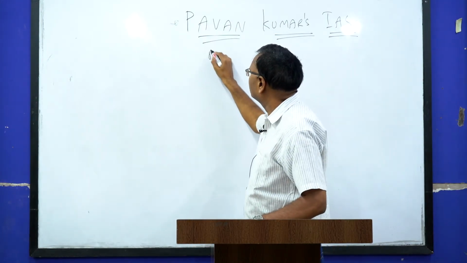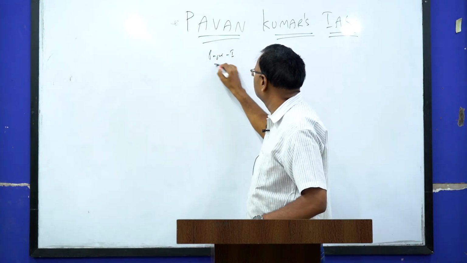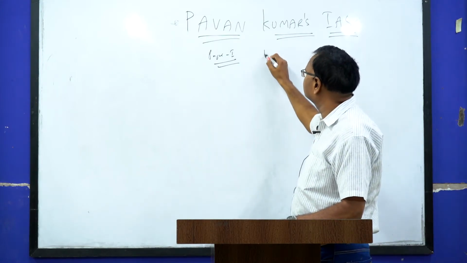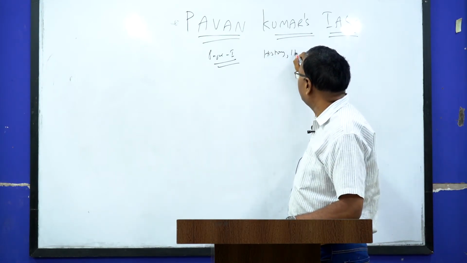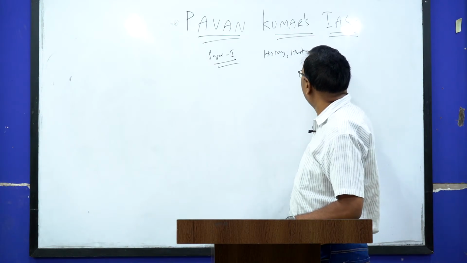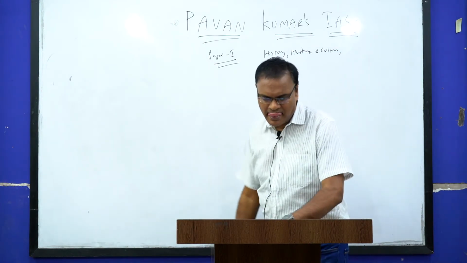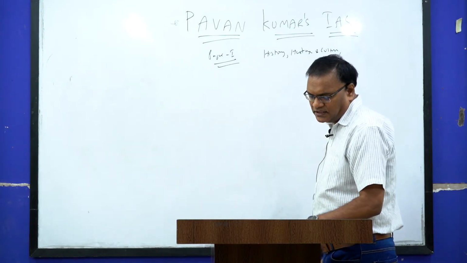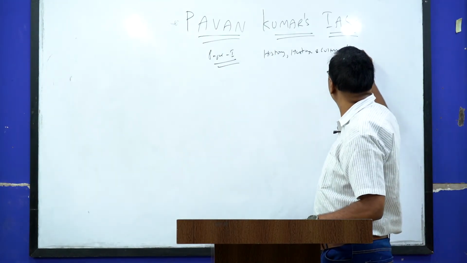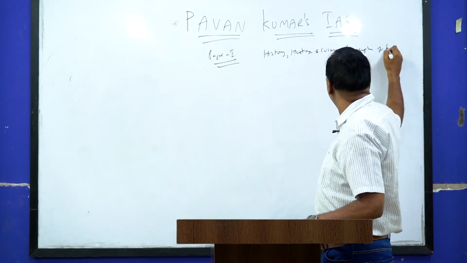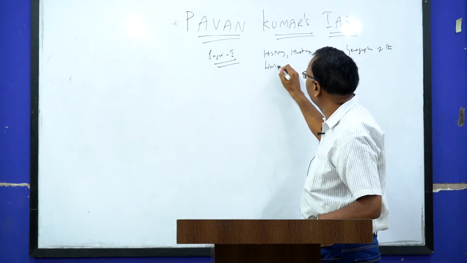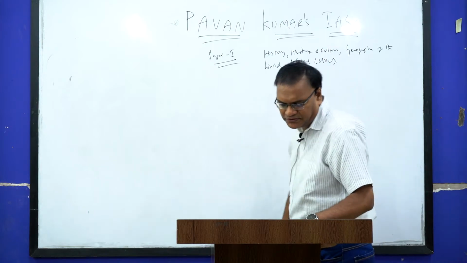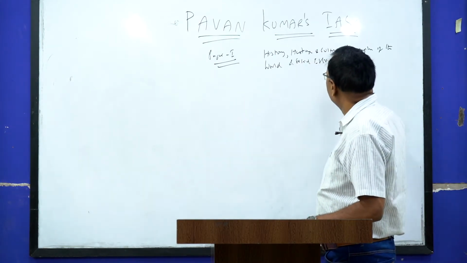This paper 1 of general studies is called Indian History, Heritage and Culture, then Geography of the world and social issues and society, or you can say society.